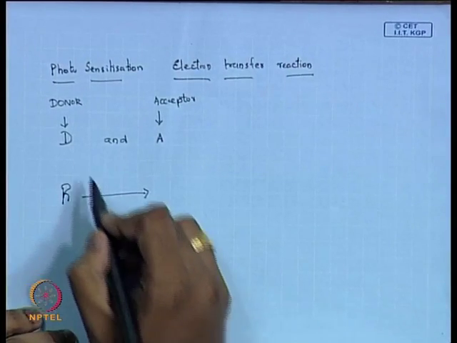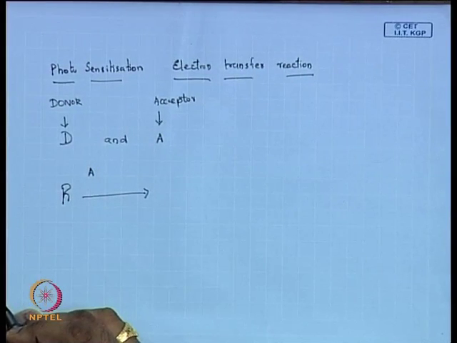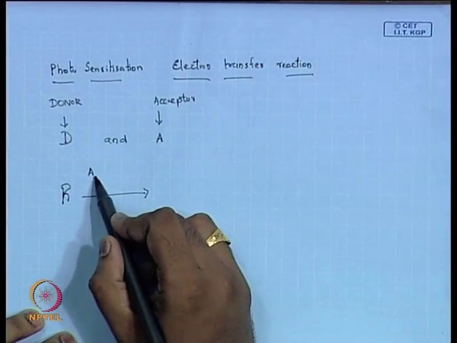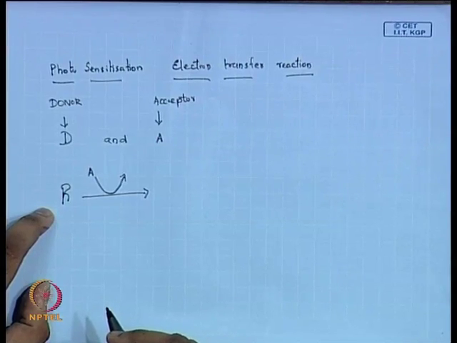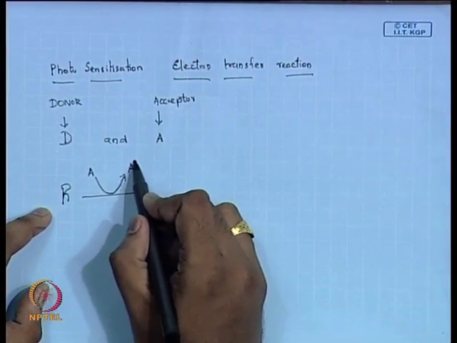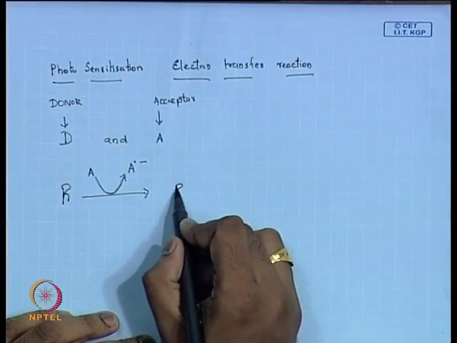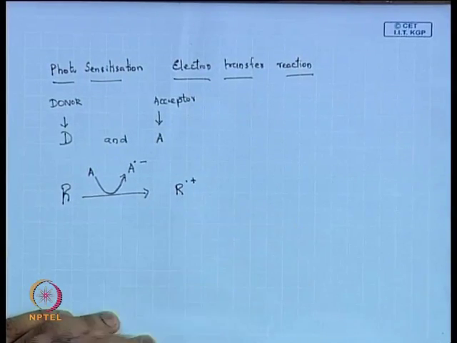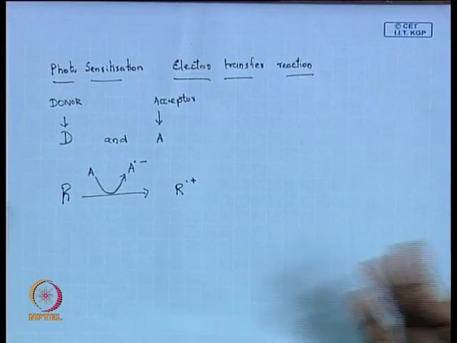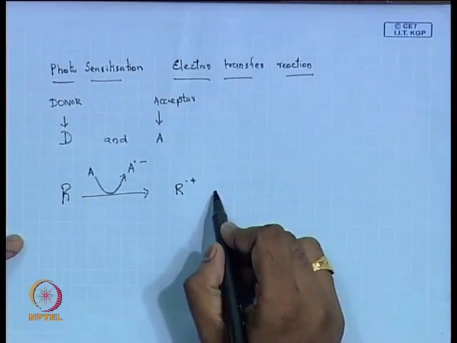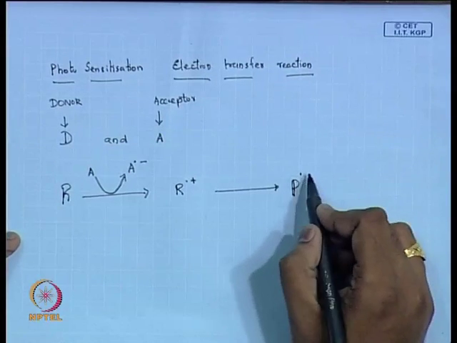If I take my acceptor and excite it, what does my acceptor do? My acceptor mostly comes and interacts with my R, takes an electron from my R, because it basically accepts an electron, okay, to give me what? R dot plus. I get this type of intermediate species, which then reacts with the other substrate or with the solvent system to give me my product P dot plus.